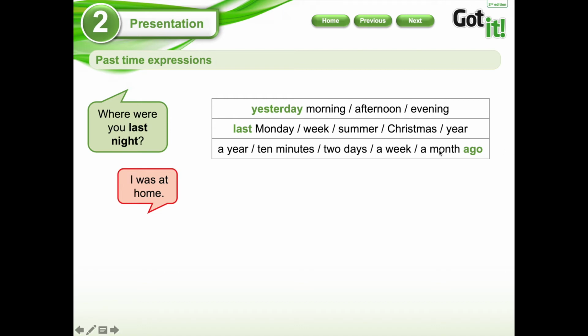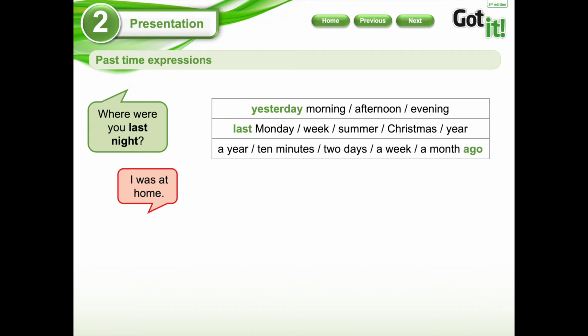Here we have another one. 10 minutes ago, 2 days ago, a week ago, and a month ago. Pay attention to this part because you're always going to use the expression at the beginning, but in this case with the expression ago, you're going to use it at the end of the expression. You cannot say ago a year or ago 10 minutes.